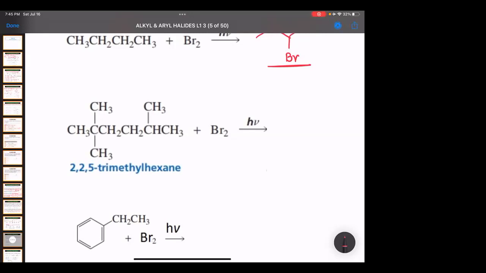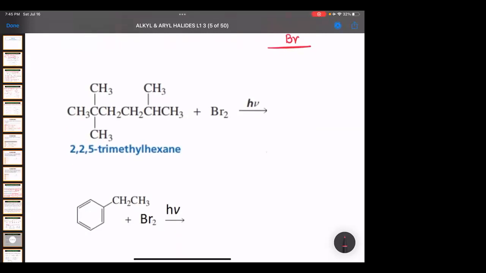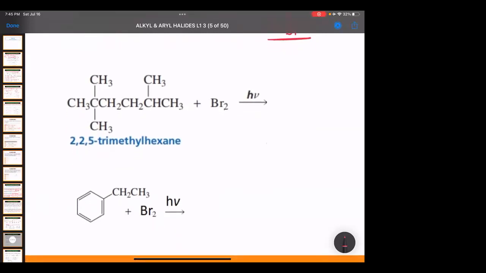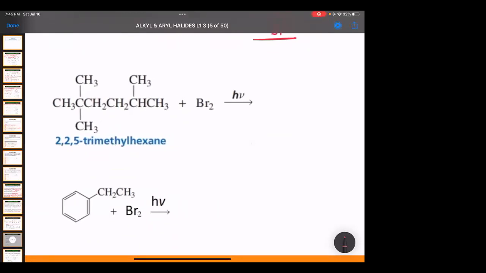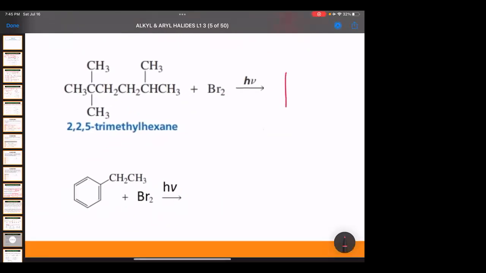Right. Tell me. Sir, it will attach on the tertiary carbon. Yeah. What will be the IUPAC name of that? IUPAC name is also there. So I'm writing it in bond line representation. There are two methods.